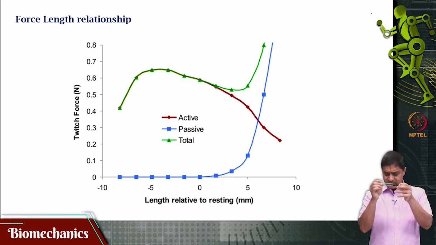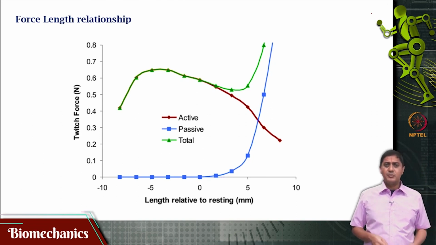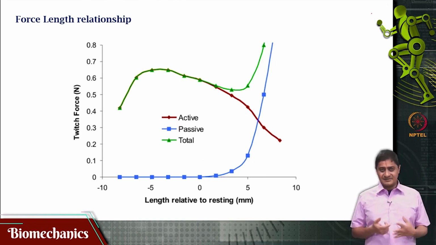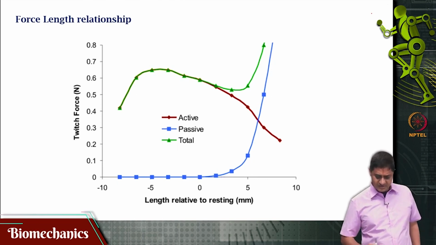This rubber band has a resting length. As I keep stretching, the rubber band starts resisting the stretch with a force, and we know that this force is perhaps proportional to the length. Something similar is what you see here.